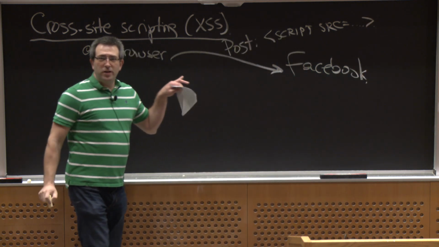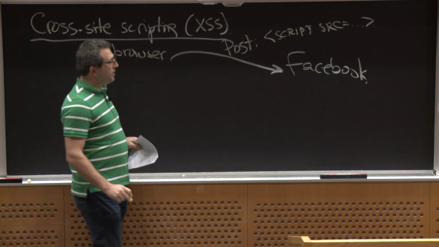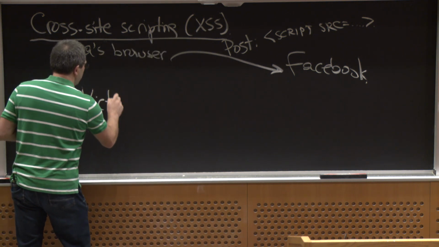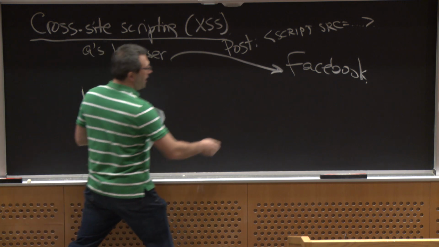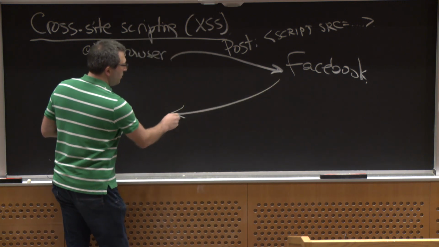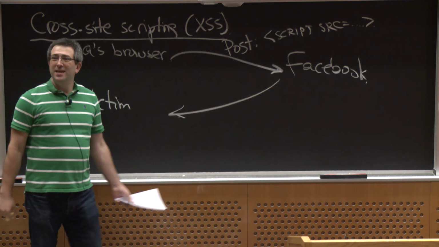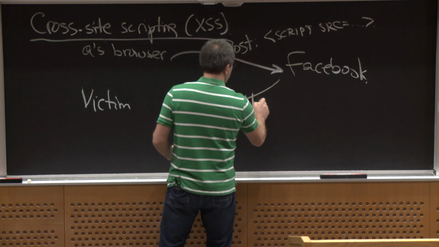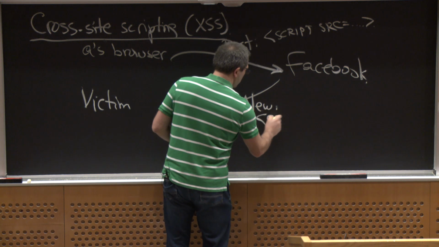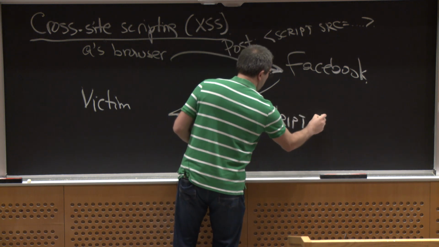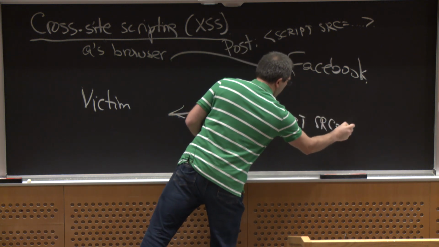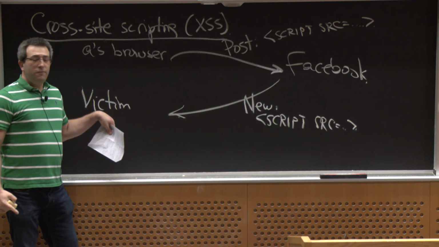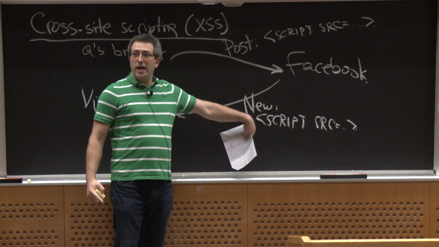And if Facebook takes this a little too literally and doesn't do anything sophisticated, we're going to imagine that the victim here comes along with their own browser and asks the Facebook server for the list of postings. And what Facebook might send back now is, well, here's a new post, script source, whatever.